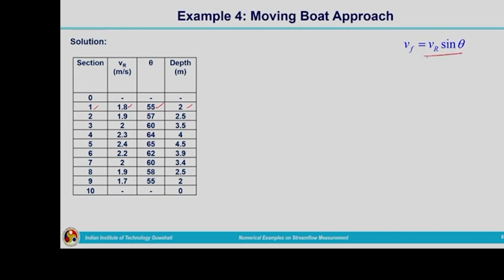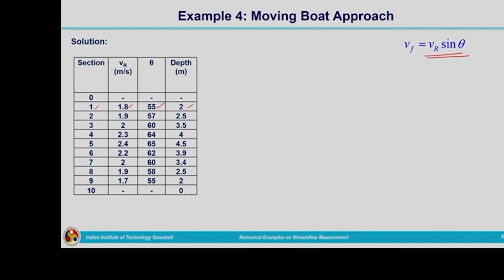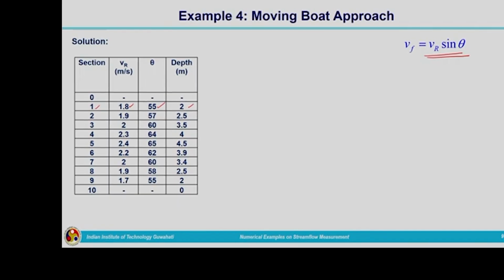Velocity of flow is given by the formula Vf is equal to Vr sin theta. We have seen the figure related to this, and from that you could understand how the direction theta is marked. Based on that, the flow velocity is given by Vr sin theta, and the velocity with which the boat is moving is given by Vr cos theta.